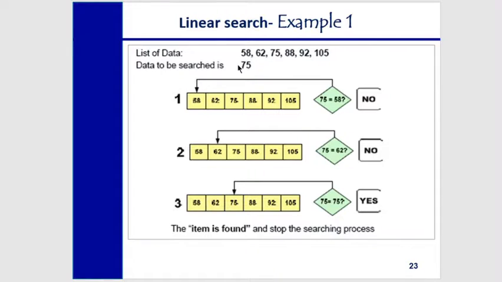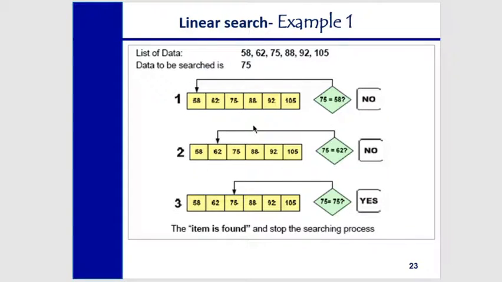Take 75, compare it with each element of the list. If it finds the element at a particular position, it displays that the search was successful or the item is found. That is a cout statement, so it can be anything, and we can tell the position of the element as well, which is going to be i+1.